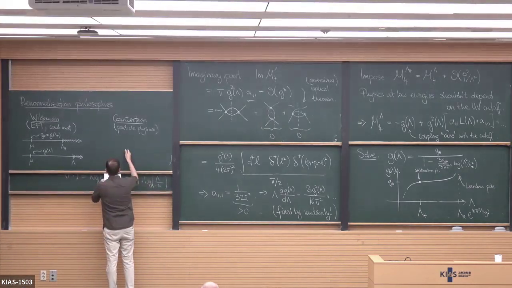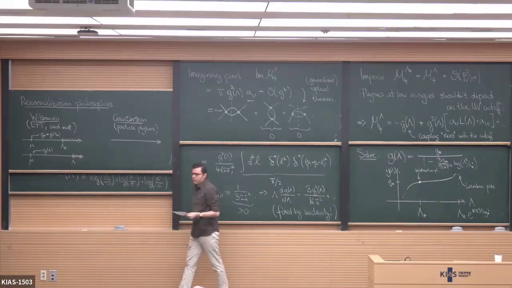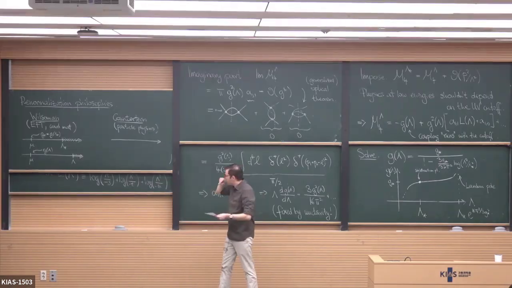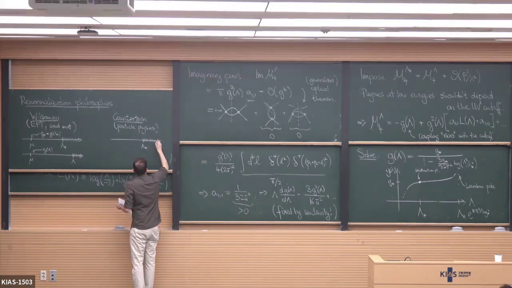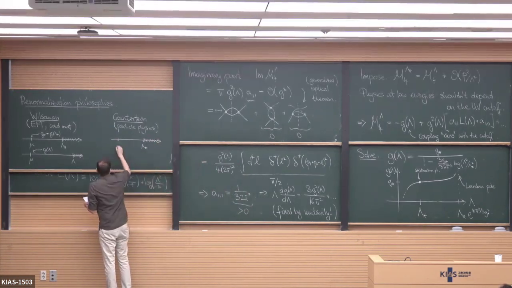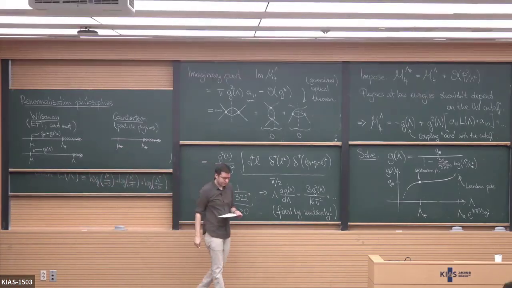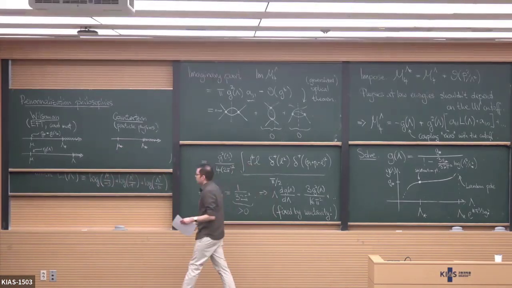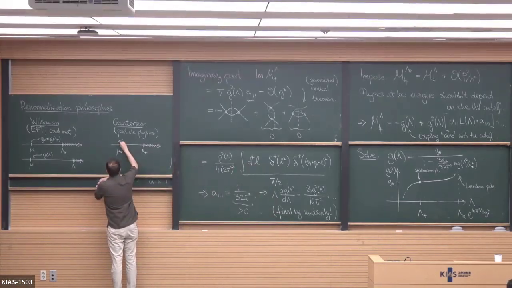In this approach, we would do the following. We would still have our energy axis. We can still put a cutoff, lambda star. And then there would be some physical scale or renormalization scale, mu star. Okay, and the first step is the same. We just define our theory here with some g star, which is usually called the bare coupling.